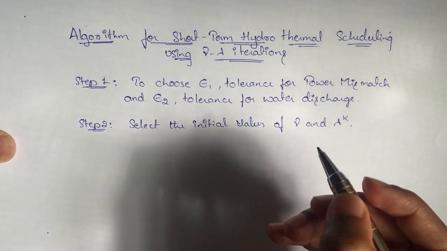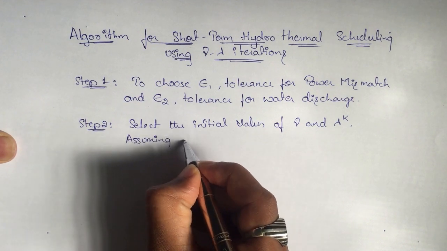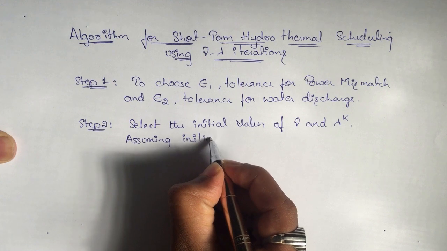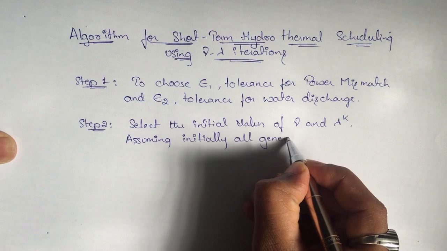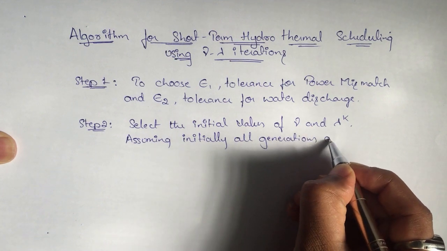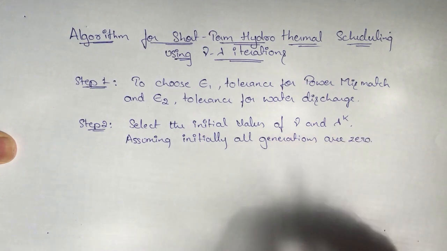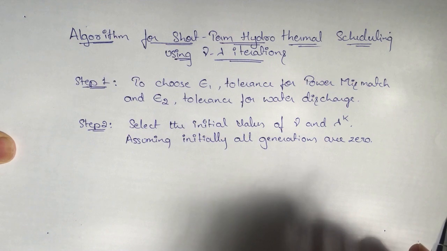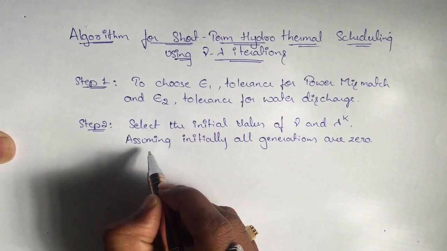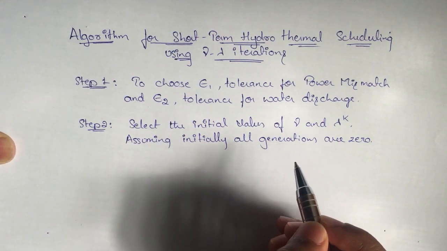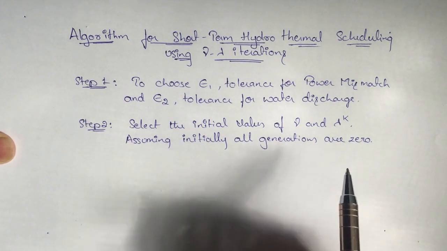We are assuming initially all generations are 0. Assuming all the generations are 0, we have initialized the value of gamma and lambda. Other than assuming initial generation value 0, you can also choose some arbitrary values other than 0 if you want.